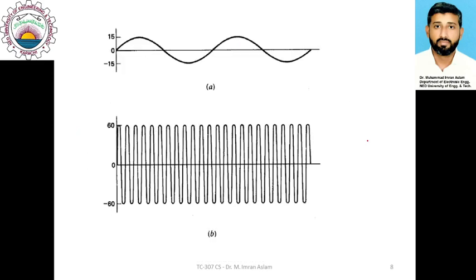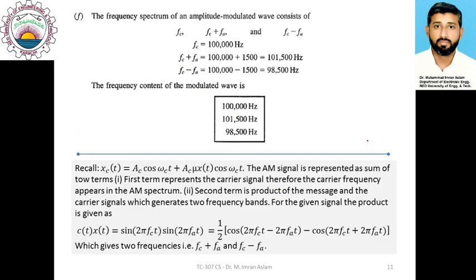So in order to identify those frequencies, let us quickly recall the mathematical form of the AM signal. You can see that the mathematical form of the AM signal actually has two parts. One is the carrier itself, and second is the product of the message signal and the carrier.